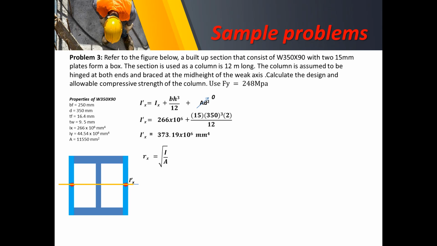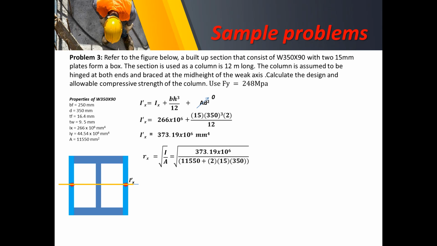So Rx is equal to square root of I all over A. Of course, we substitute the values. On the denominator, take note that we add the two plates that are attached on both ends of the flange.